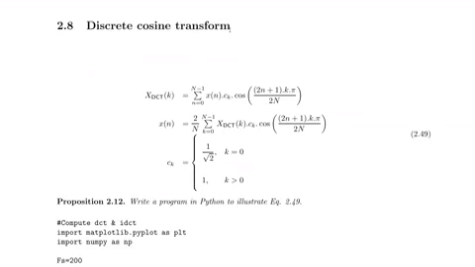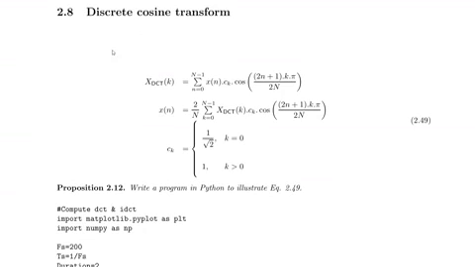Discrete cosine transform. It has large applications in image compression, say JPEG, or anything else which you will find out. This time, instead of using DFT, we are using DCT, discrete cosine transform. It's formulated as follows.